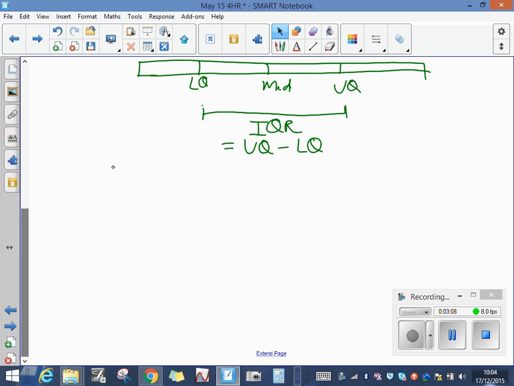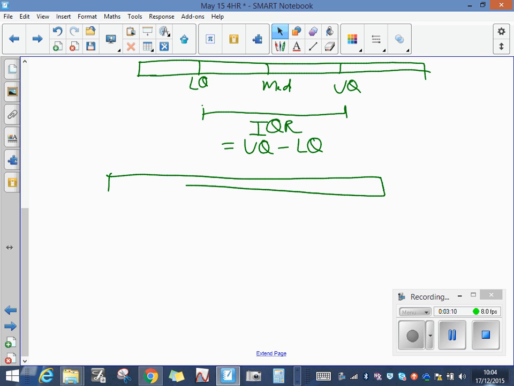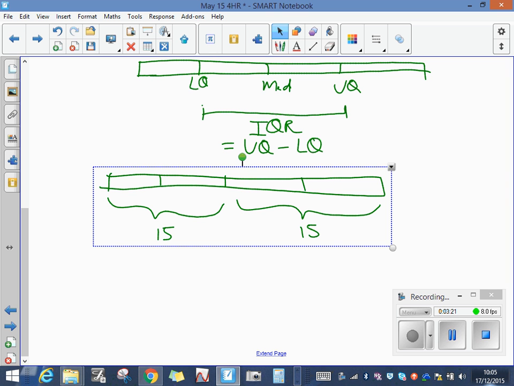So again, let's have a think. We have 30 students all arranged, and in the bottom half we have 15 students. In the upper half we have 15 students. To find the lower quartile, I'm going to find halfway up a group of 15 students. Again, if I take the number of students, add 1 and divide by 2, that comes out as 16 over 2.